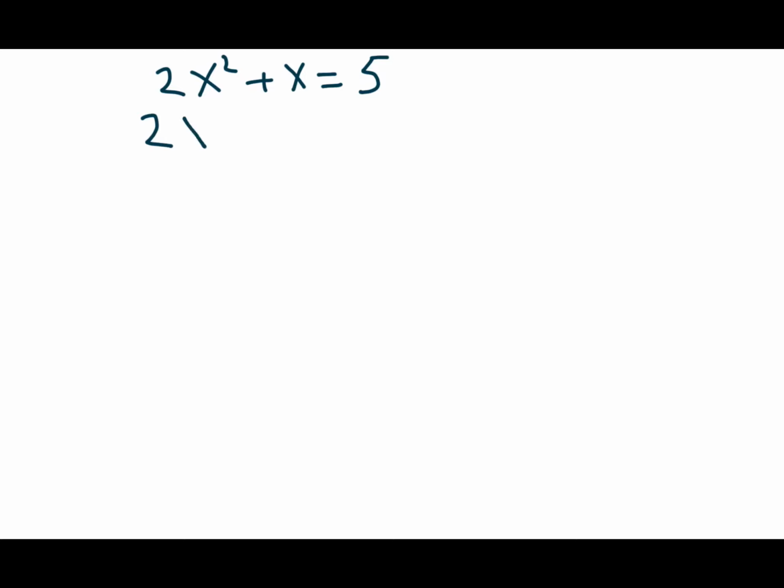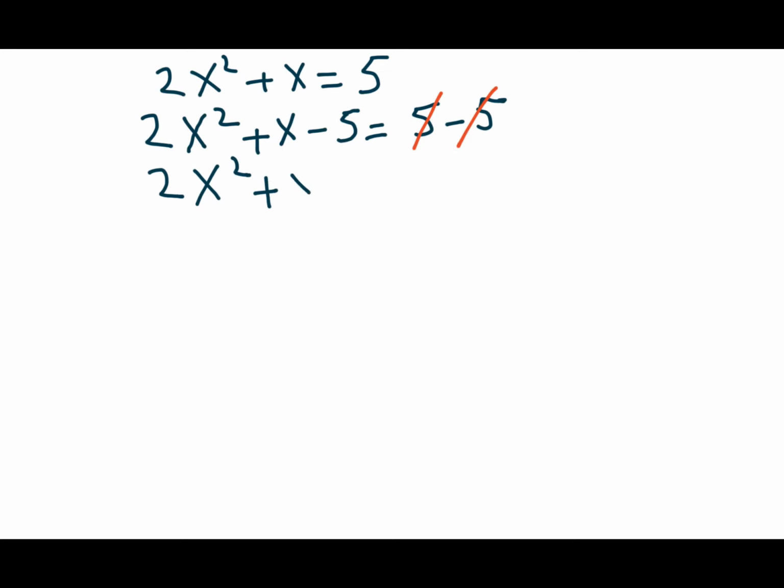So 2x squared plus x, subtracting 5 from both sides, 5 minus 5 cancels out. We are left with 2x squared plus x minus 5 equals 0.